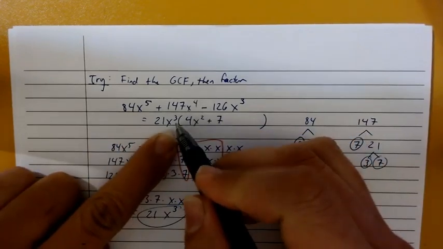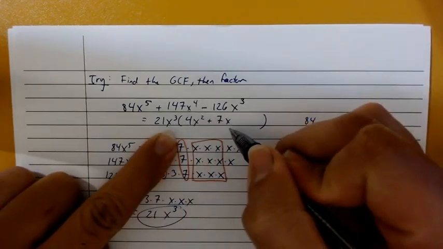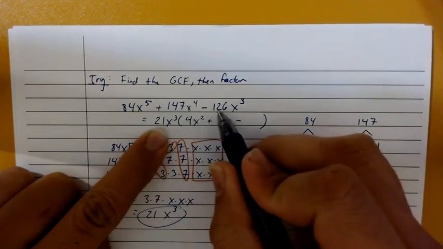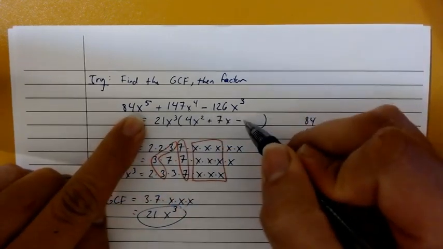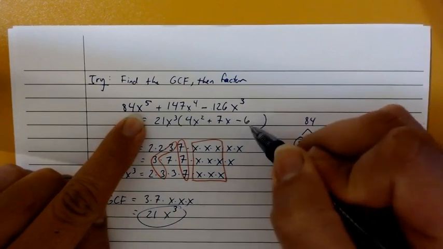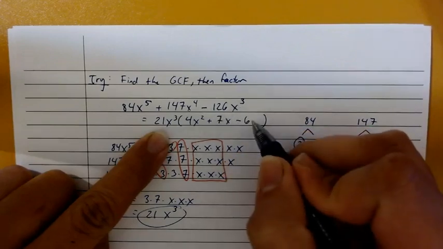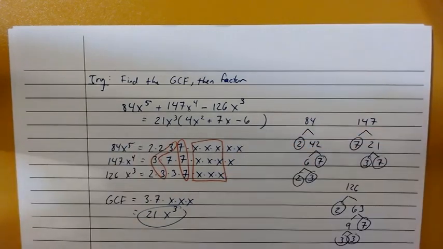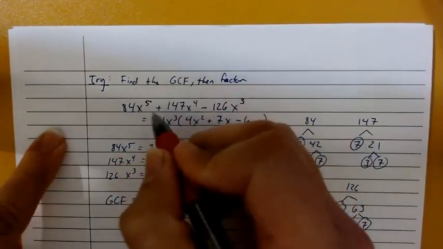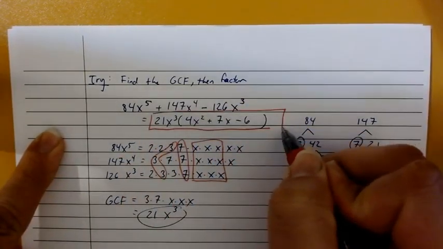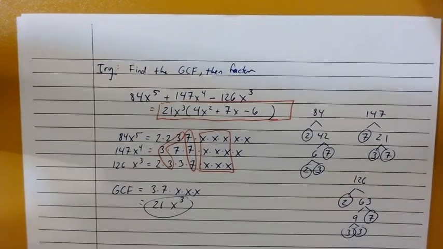X to the 4th divided by x to the 3rd is just x. And then you have a minus right there. 126 divided by 21, that's just the number 6. X to the 3rd divided by x to the 3rd just goes away. It's the number 1, and 6 times 1 will just stay 6. So there is your result. This is the factorization that you get by factoring out the greatest common factor.